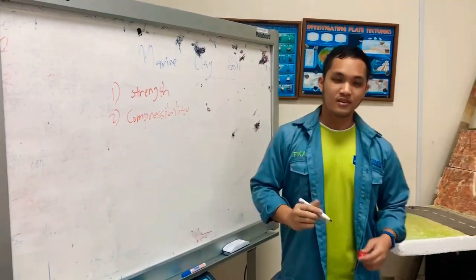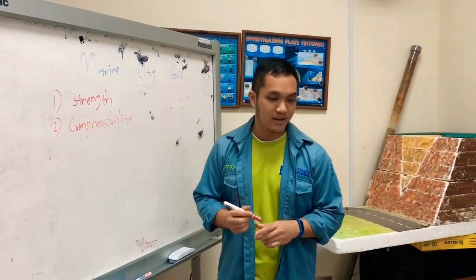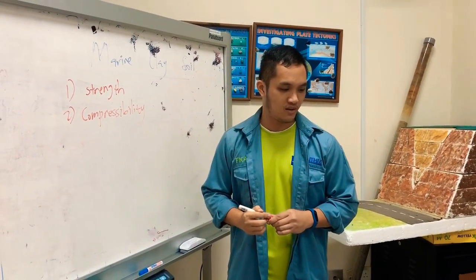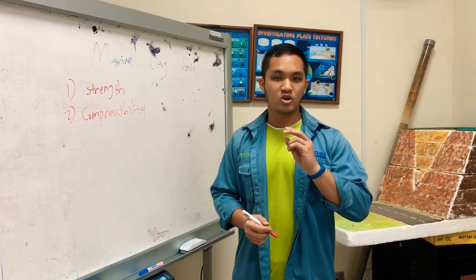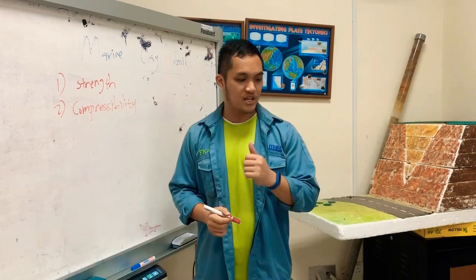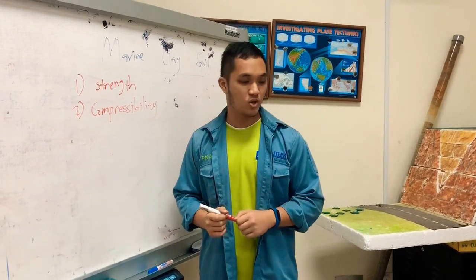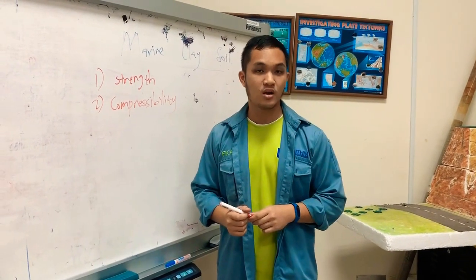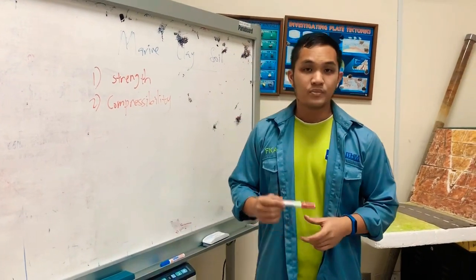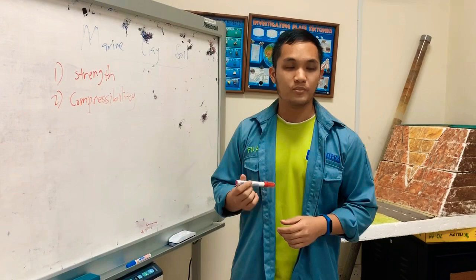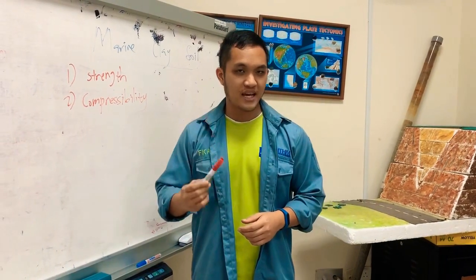The second problem is its compressibility. Compressibility is when there is a change in volume of the soil. It is mostly caused by two main factors: expulsion of water from the soil and particle rearrangement of the soil, also known as soil fabric rearrangement. This is a very serious problem on site.